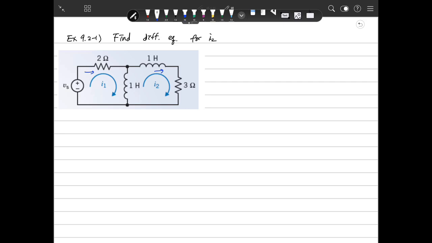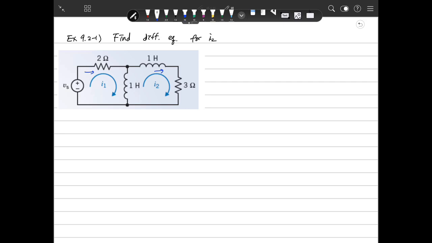But when you make a differential equation, you need to make the variables you want to know. Then we should choose what variables we want to know. Generally, inductor current and capacitor voltage.